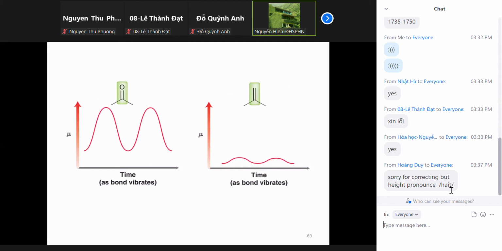And you can see the diagram, the plot for the dipole moment depending on time of carbonyl and CC double bond. So the dipole moment of the CC double bond changes very little with time. On the other hand, the dipole moment of the carbonyl changes over a large range with time.